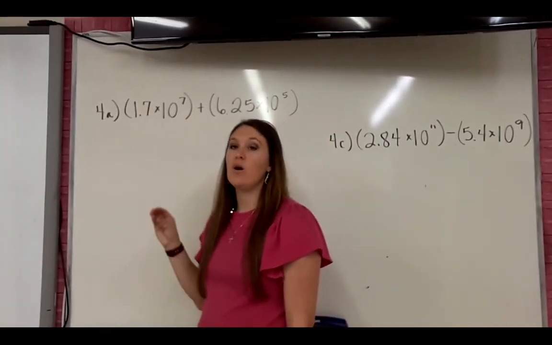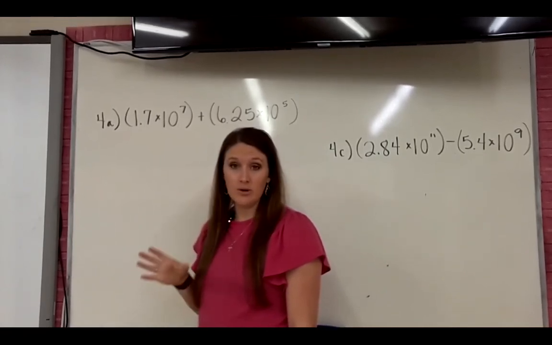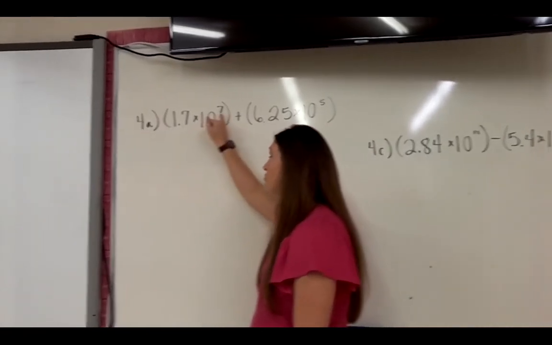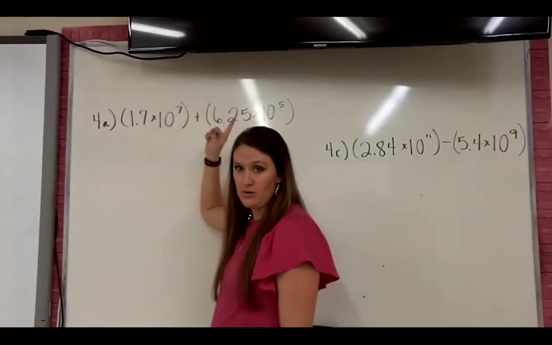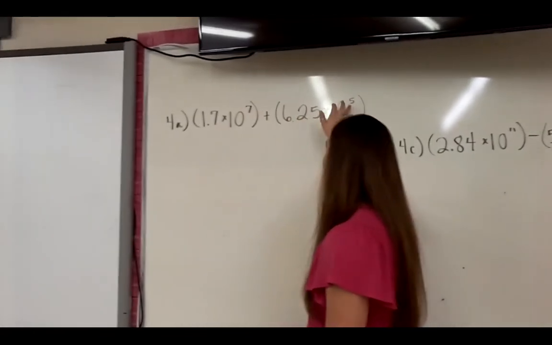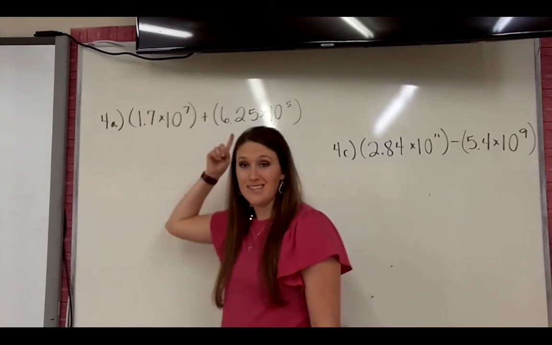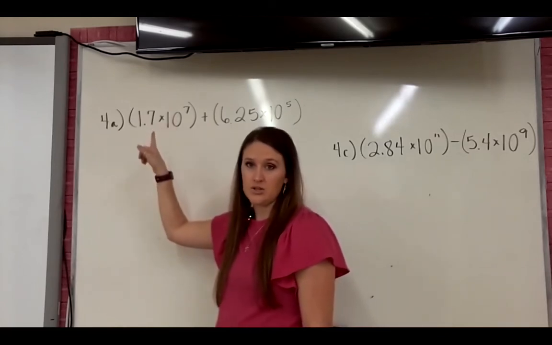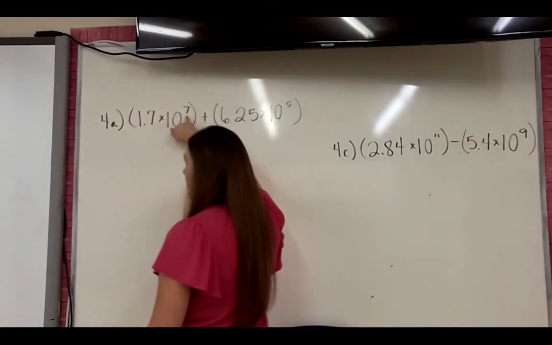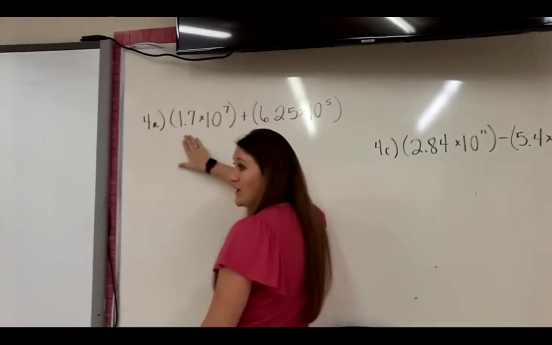So what you want to do 9 times out of 10, almost always, you're going to just take the bigger exponent and change it to the smaller one. So that means we have 7 and 5, so we're going to make them both 5, which means I don't have to mess with this one, just this first one. So since it's a positive exponent, that means that's really a big number.